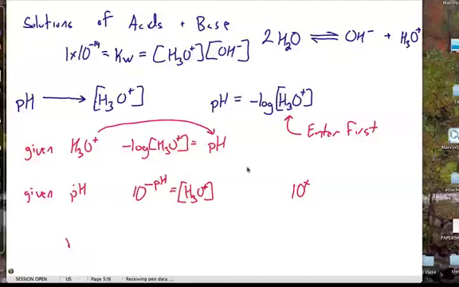So for instance, if the pH was equal to 8.347, and again, when dealing with logs, these are the significant digits, 8.347, we take the negative of that number, and we raise 10 to the x, and you get H3O+ will be equal to 4.50 times 10 to the negative 9th.